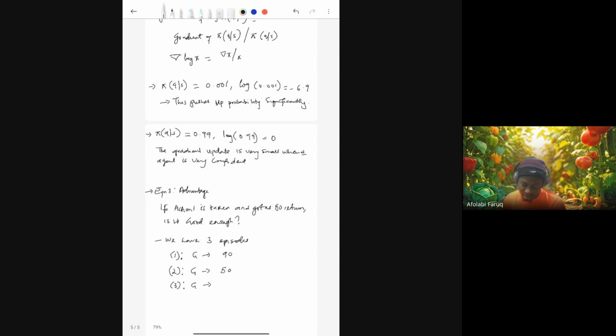So let's say we have just 3 episodes and G as 80. Now we'll say this is above baseline, right? So that's above average. That is above average.